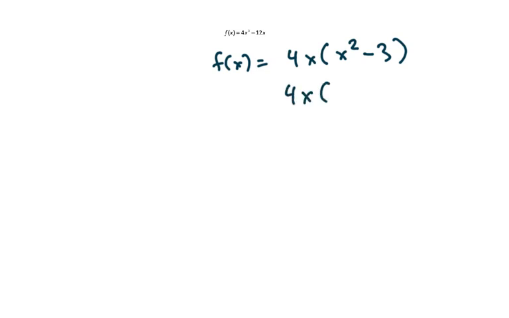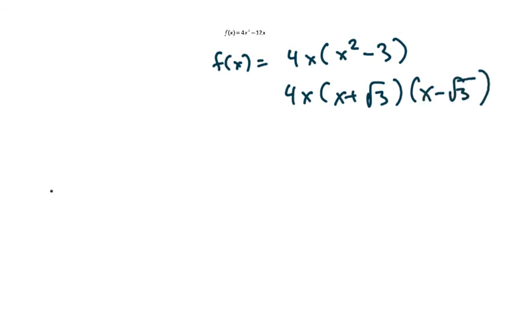Okay. So the next one, they're trying to make it a little bit more complicated, but all we need to do is realize we can factor out an x. So we have 4x, and this becomes x squared minus 3. If you wanted to, you can do the difference of squares, and you would get x plus the square root of 3 and x minus the square root of 3.